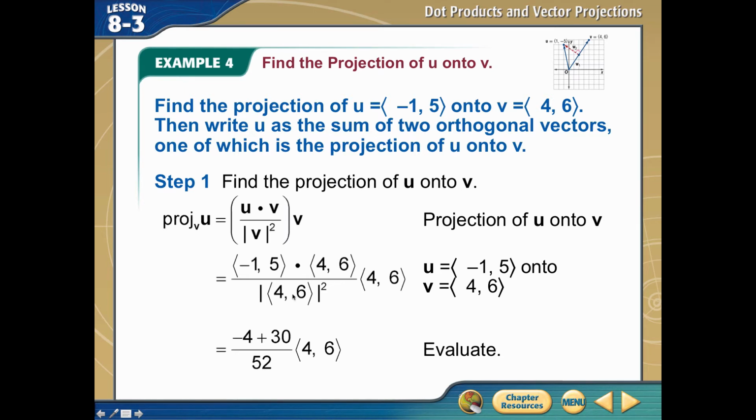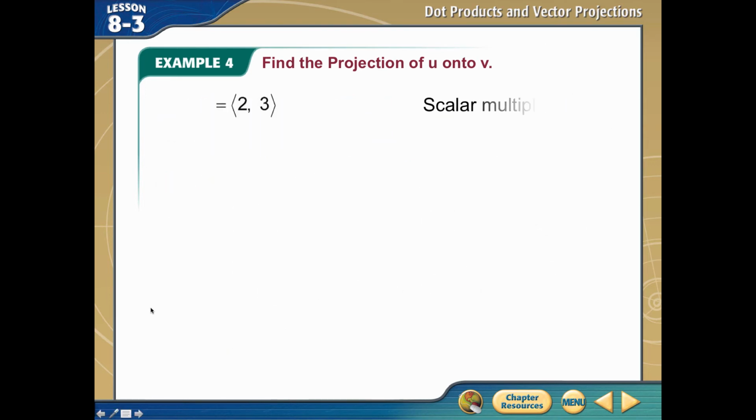Because you're squaring the magnitude, it's just 4 squared plus 6 squared. 4 squared is 16, 6 squared is 36, 16 plus 36 is 52. -4 plus 30 divided by 52 times, and that would be a scalar, times your vector 4, 6. -4 plus 30 is 26. 26 divided by 52 is 1/2. So 1/2 of 4, 6 is going to give you the vector 2, 3.